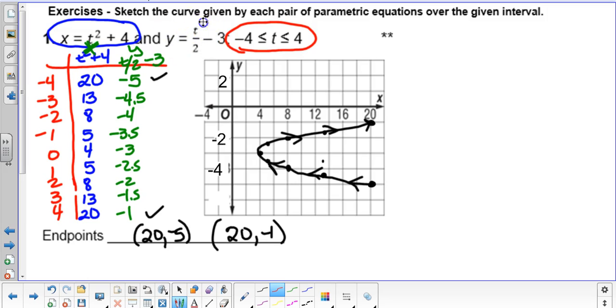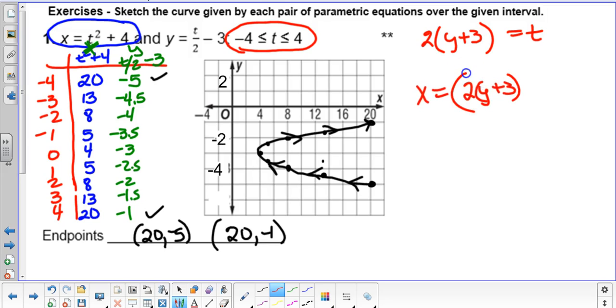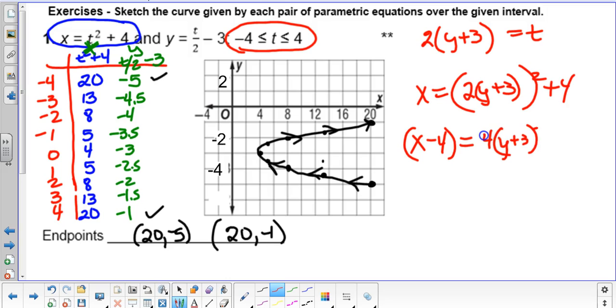The substitution, get the y solved, so you'd have y plus 3, and then you'd multiply it by 2 to get t, and you plug it in over here. You don't have to do this, I'm just showing you. X minus 4 equals, we square this and we'd get a 4 and a y plus 3 squared.